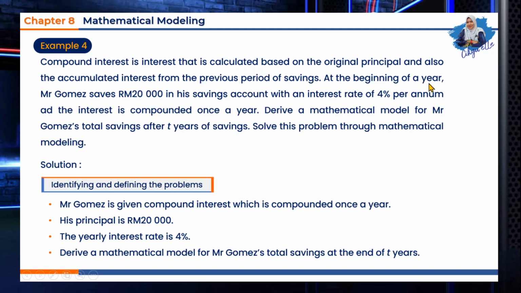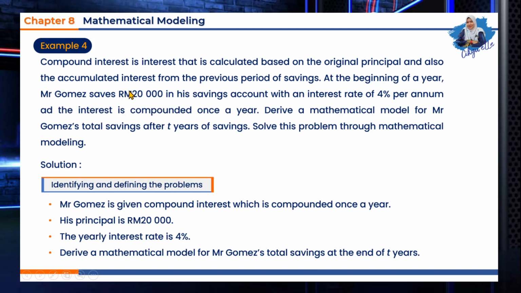At the beginning of a year, Mr. Gomez saved 20,000 in his savings account with an interest rate of 4% per annum, and the interest is compounded once a year.